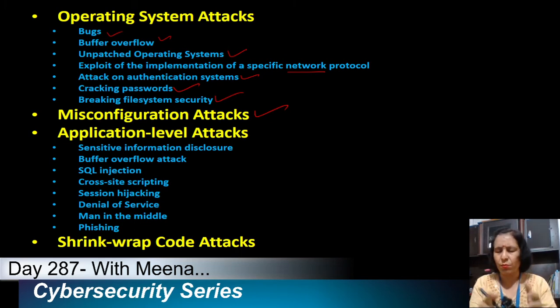Let's take an example. Suppose an administrator assigns a high-privileged account to a certain user to perform a certain task, and after finishing that task, the administrator forgets to take back, delete, or disable that account, and hackers can use that later.